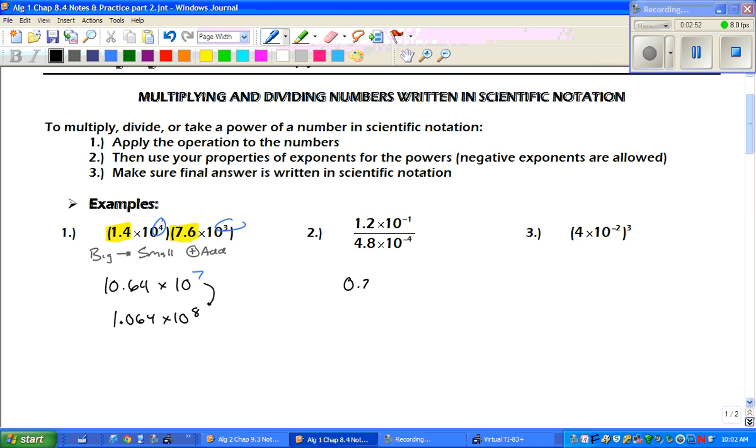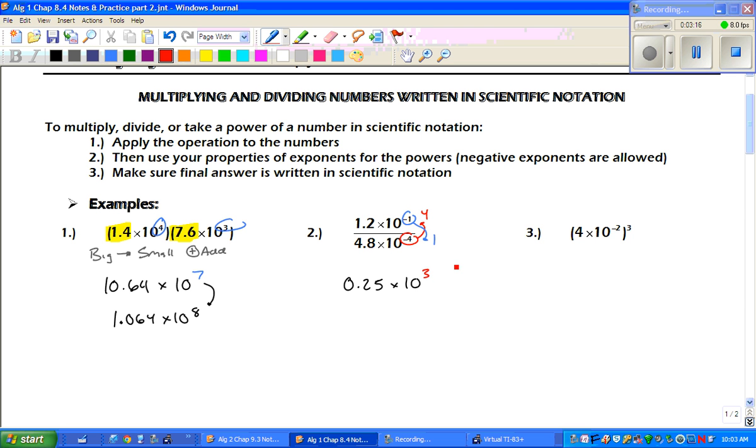So 0.25 times 10. And now what I'm going to do real quick, I'm going to bring the negative up, bring that down, and 4 minus 1 is 3.